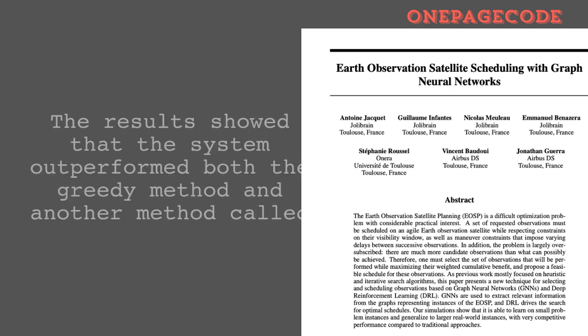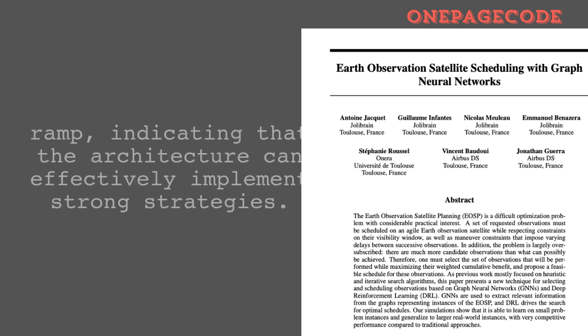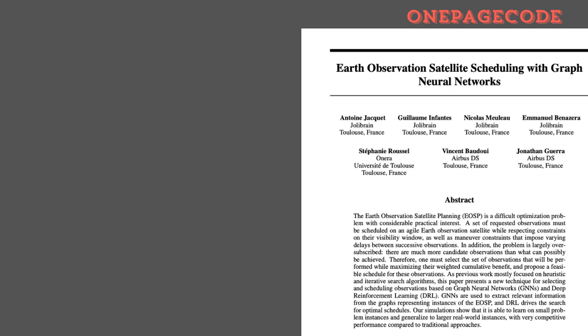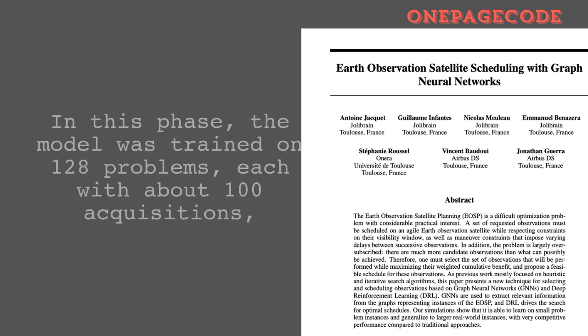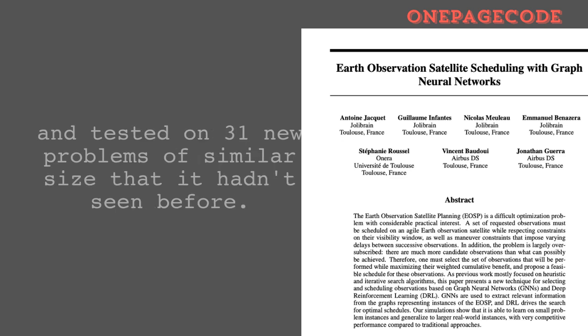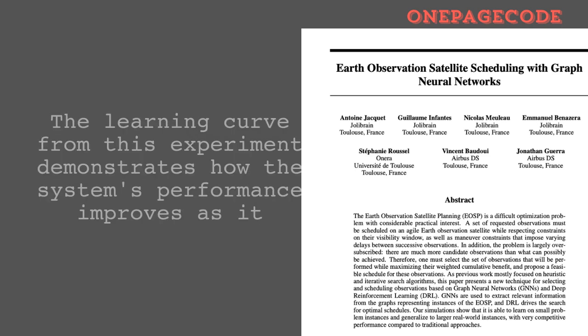The results showed that the system outperformed both the greedy method and another method called ramp, indicating that the architecture can effectively implement strong strategies. The second experiment aimed to test the system's ability to apply what it has learned to new tasks. In this phase, the model was trained on 128 problems, each with about 100 acquisitions, and tested on 31 new problems of similar size that it hadn't seen before.